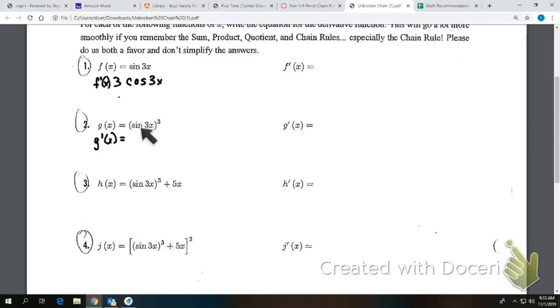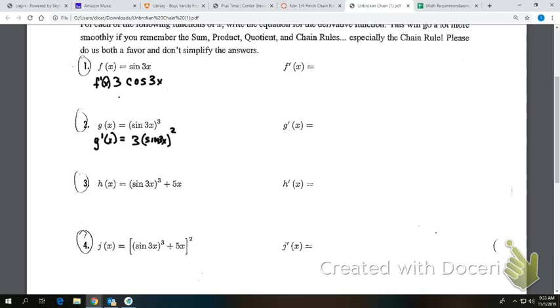What's the derivative of something cubed? 3 times that something, which was sine of 3x, now squared. Agree? And didn't we just find the derivative of sine? Then I have to take the derivative of what's inside. What's the derivative of sine of 3x? We just found it right here. It's what? 3 cosine 3x.